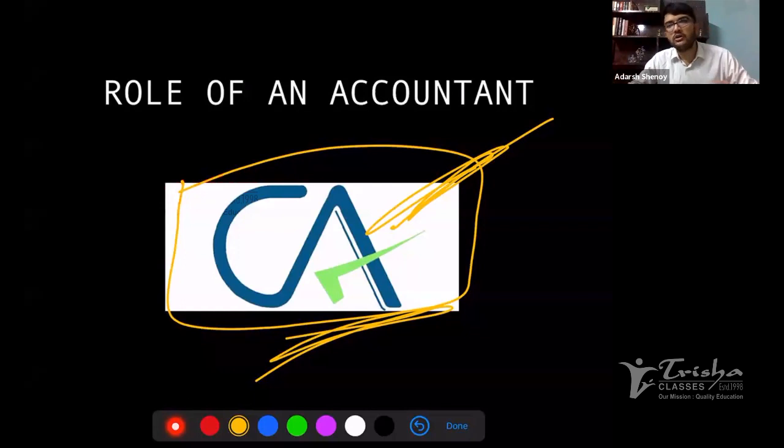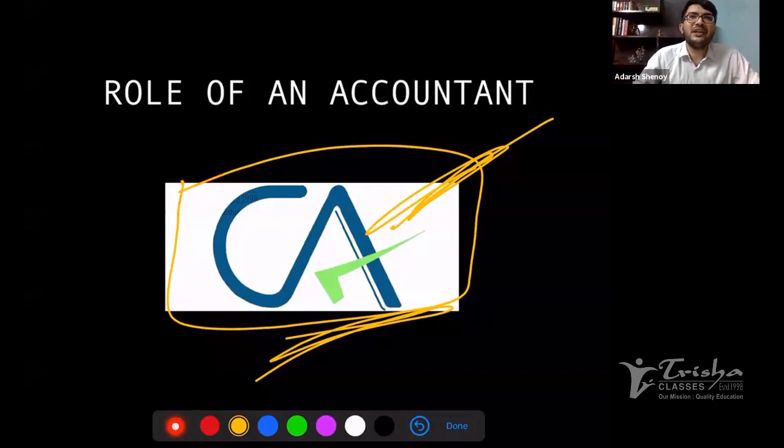Like how for doctors you have that red colored logo, or for lawyers, the bow and tie or something. Like that, for CAs, this is the logo. And it has a lot of prominence outside. In fact, I've seen my friends use it for their wedding cards also.